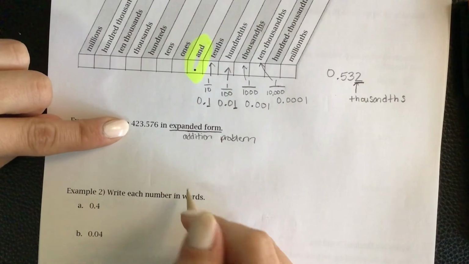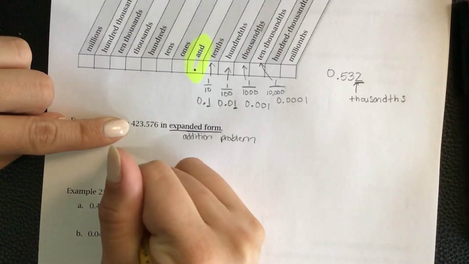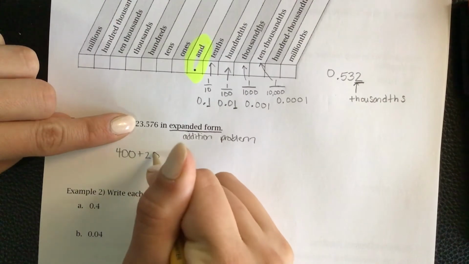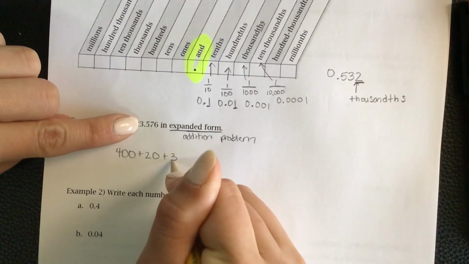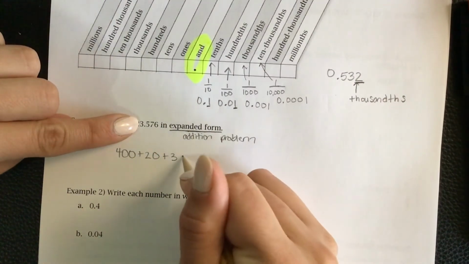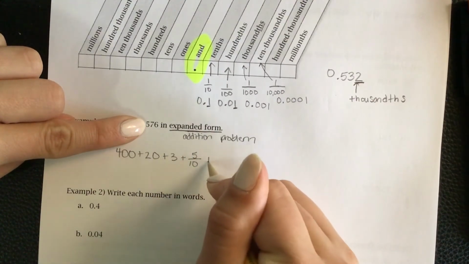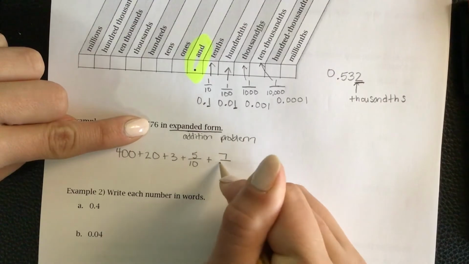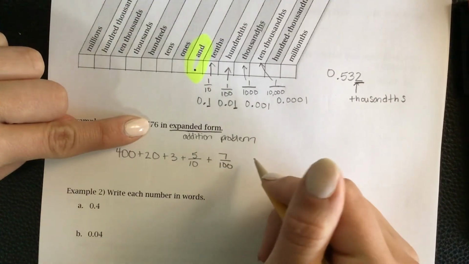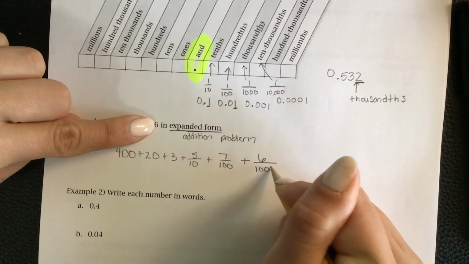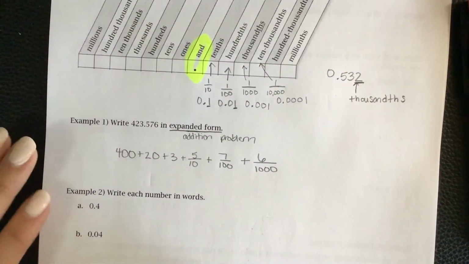Starting with 423, you know 400, you know 20, and you know the 3 is ones. Then you have the first one, which is the 5, and it's in a tenths place, so 5/10, plus 7 over 100, because it's in the hundredths place, and then the 6, which is in the thousandths place. And that's the answer.